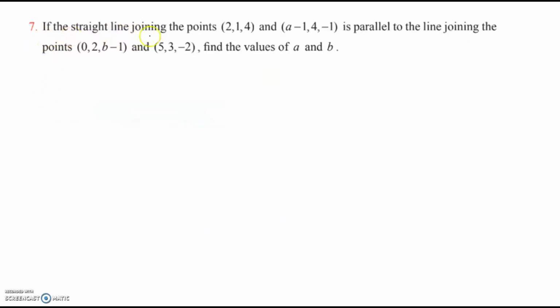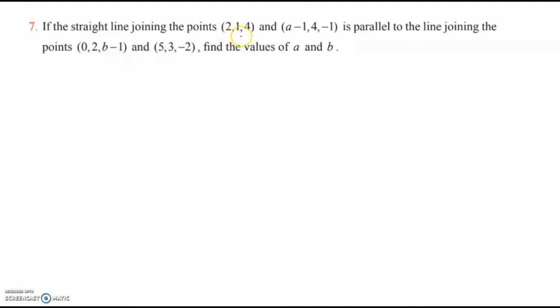If the straight line joining the points (2, 1, 4) and (a minus 1, 4, minus 1), so we are given a here, is parallel to the line joining the points (0, 2, b minus 1) and (5, 3, minus 2), find the values of a and b. So the line that joins these 2 points is parallel to the line that joins these 2 points.